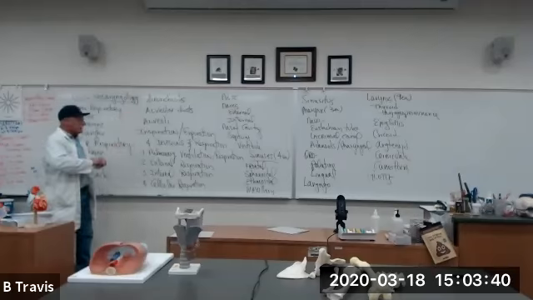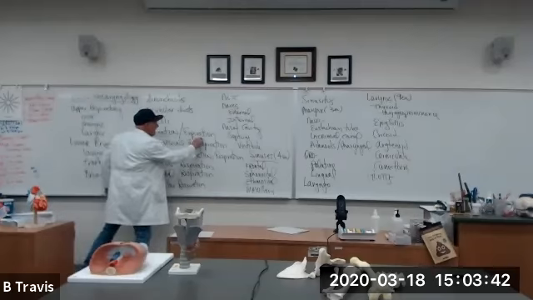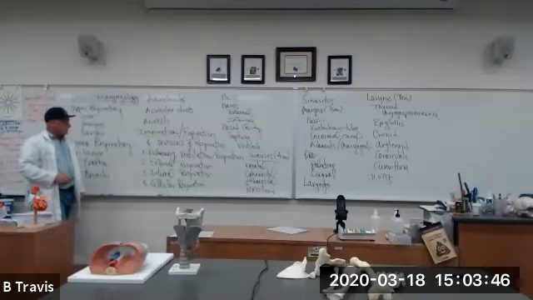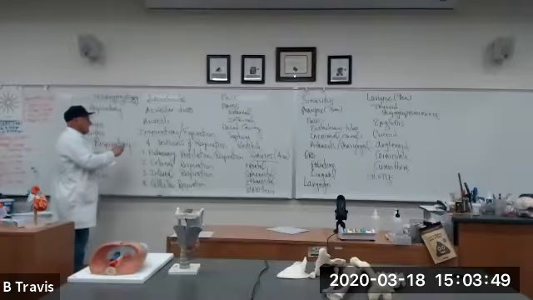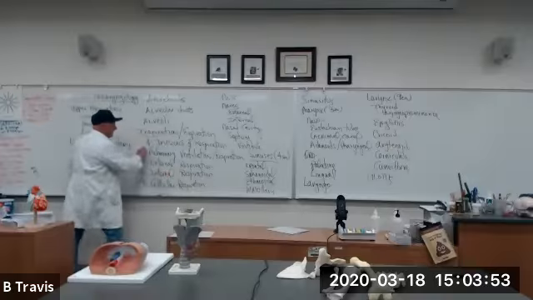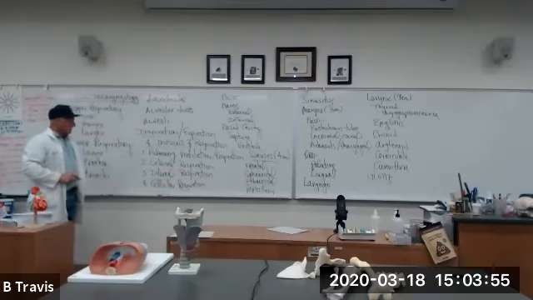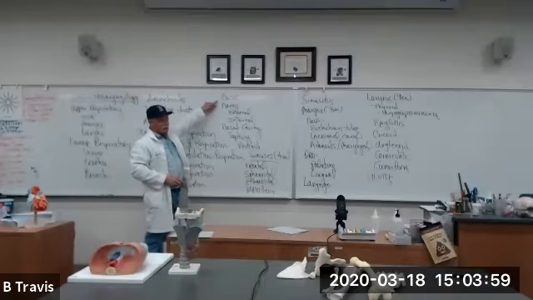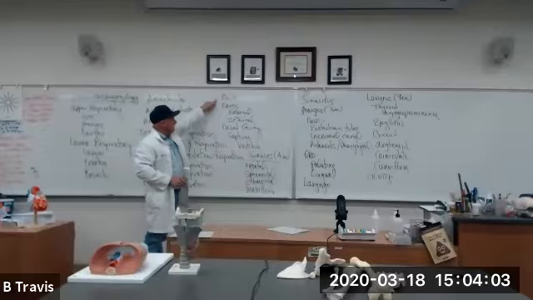And then, just like everything else in science, we have a name for all this. So we're going to talk about inspiration and expiration. And we're going to say we have divided respiration into 4 steps. And I'll list the steps for you. And then we'll go back to the hardcore names of the parts of the respiratory system.